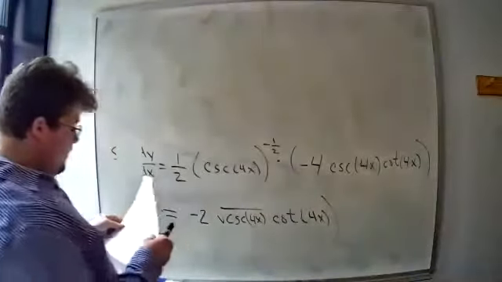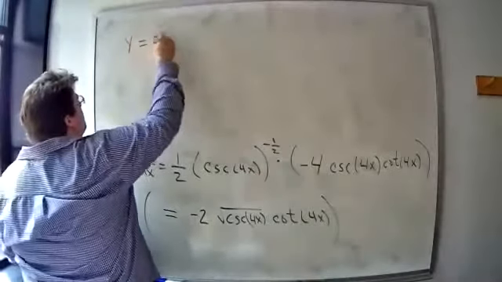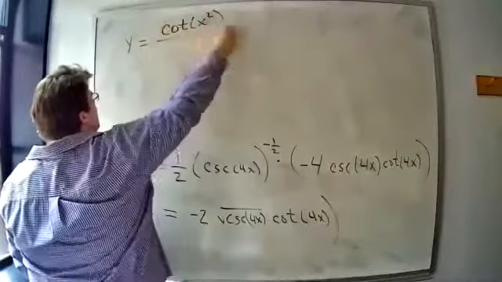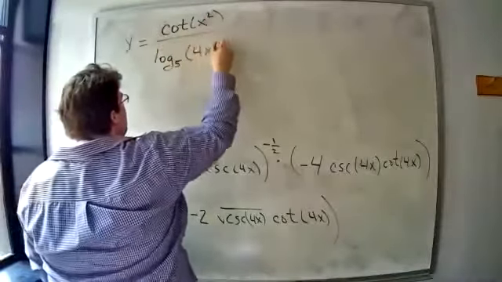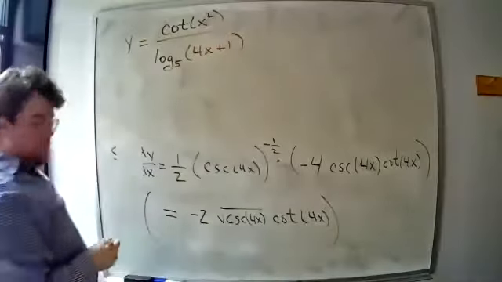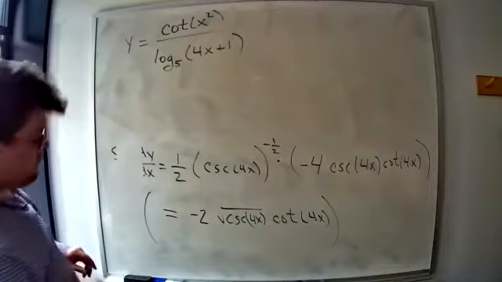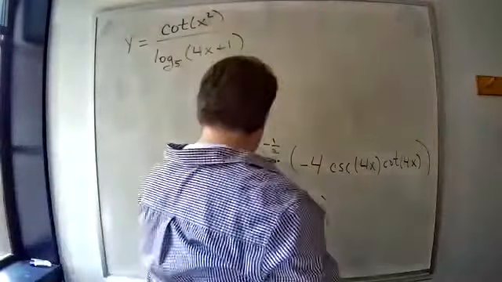Part G, cotangent x squared over log base 5 of 4x plus 1. So here we have a quotient.